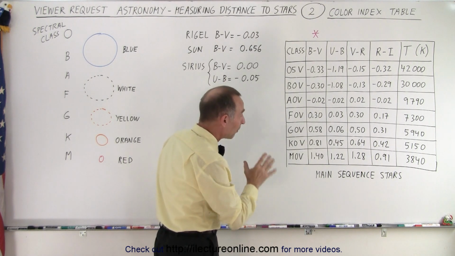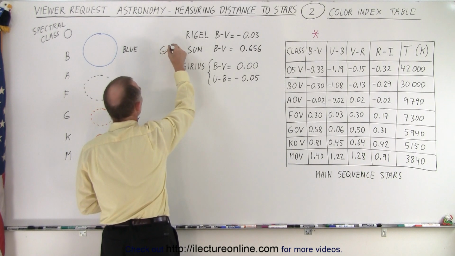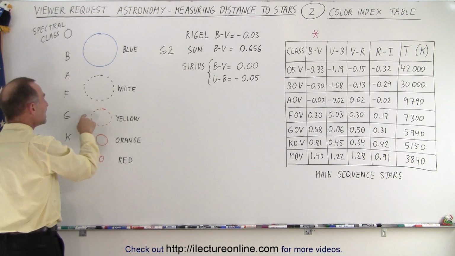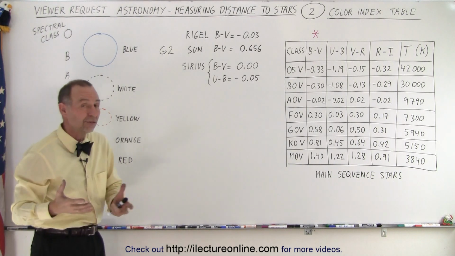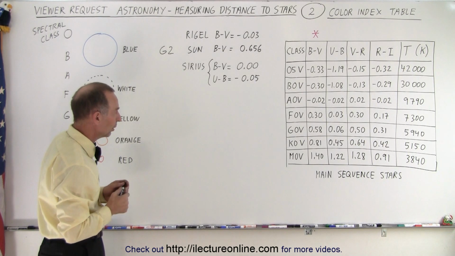Well, if we do the proper extrapolation for the Sun, we're dealing with a G2 class star. And so that means that we're dealing with a yellowish star, and that's what the Sun is. Seen from within the Earth's atmosphere, it looks yellow.